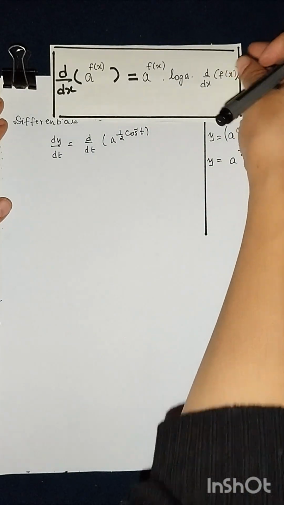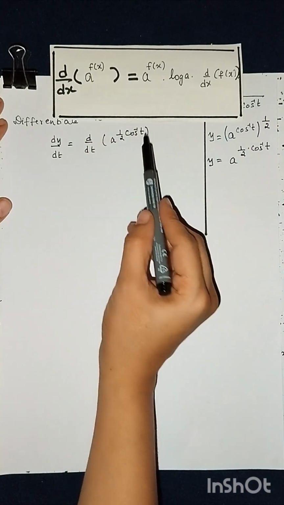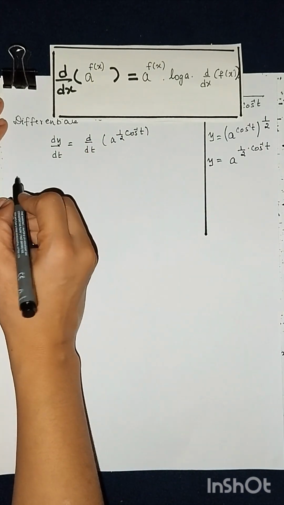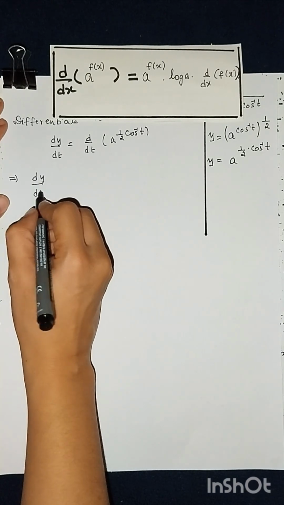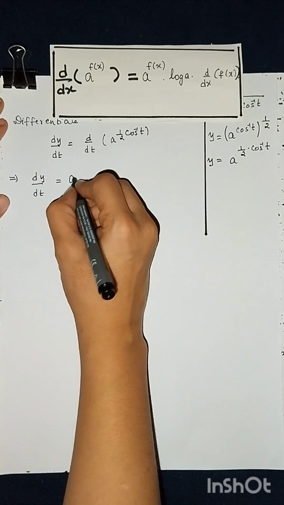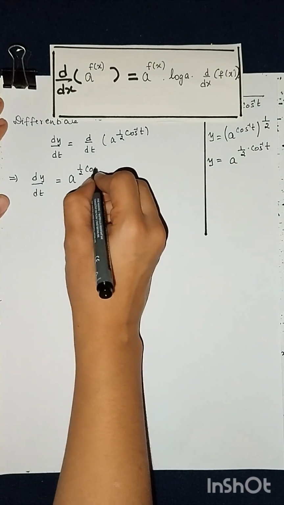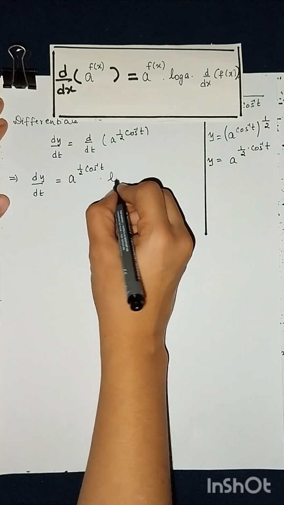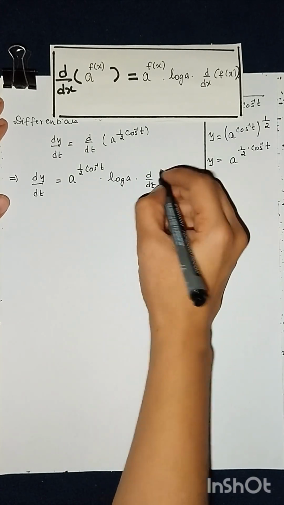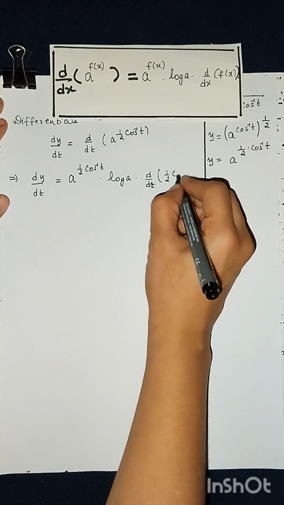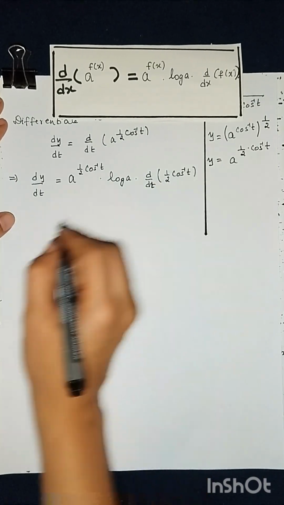So now we will apply this. In the place of f of x, we have half cos inverse t. So this implies dy by dt is equal to a to the power 1 by 2 cos inverse t log a, then d by dt of half cos inverse t.